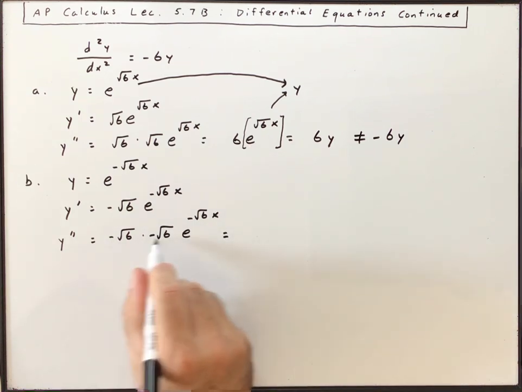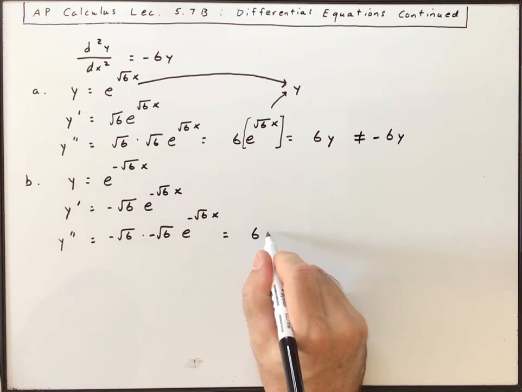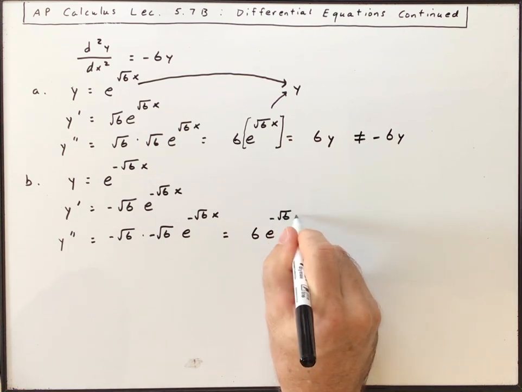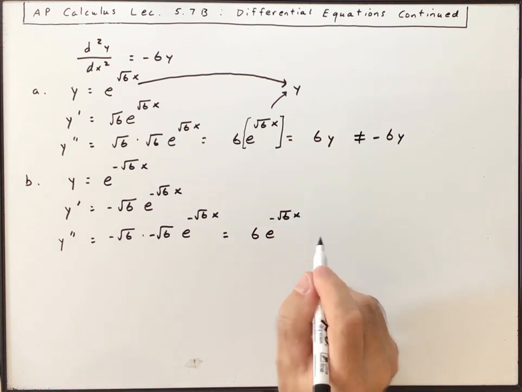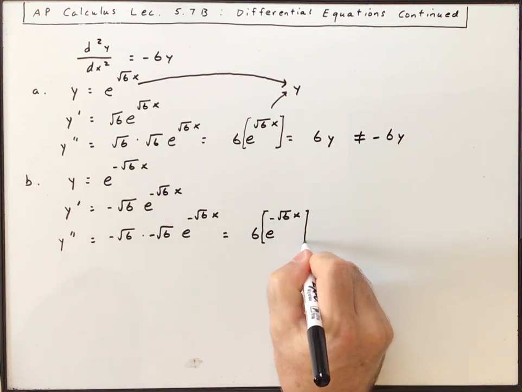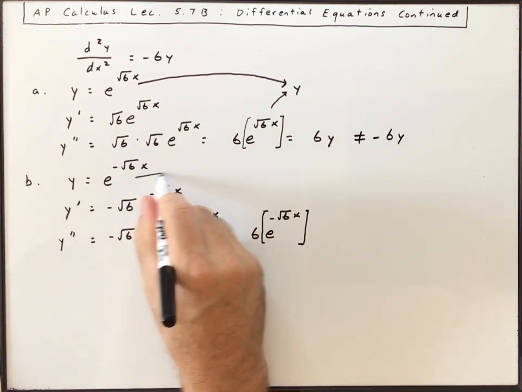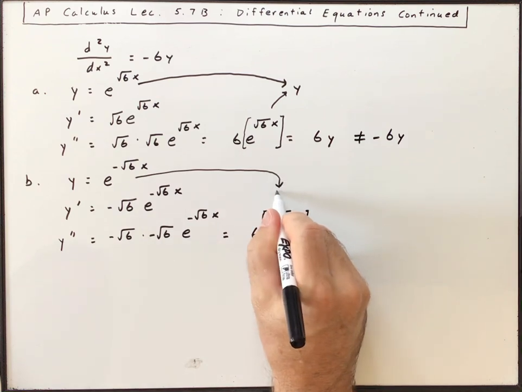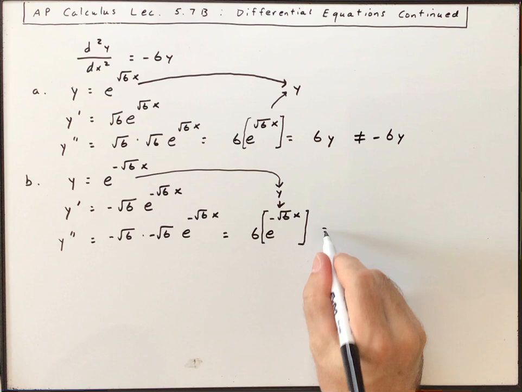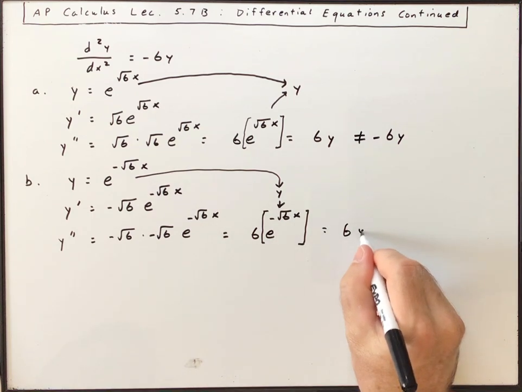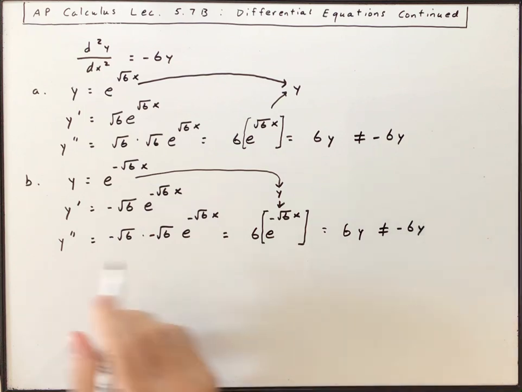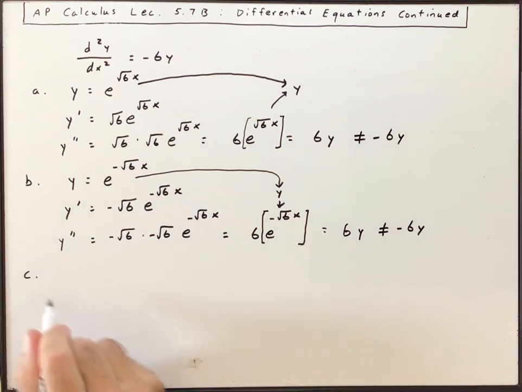So negative times negative makes that a positive 6e to the minus root 6 times x. Well, this part, e to the minus root 6x, is just y. So this is equal to, you have a 6 out front, 6y, which does not equal negative 6y. So B is not a solution.